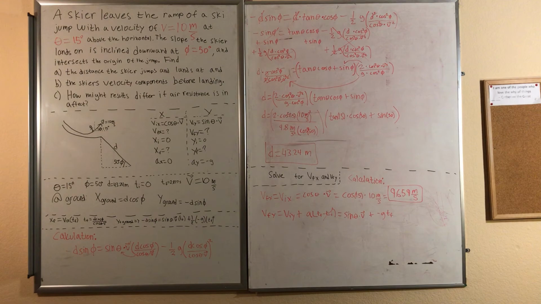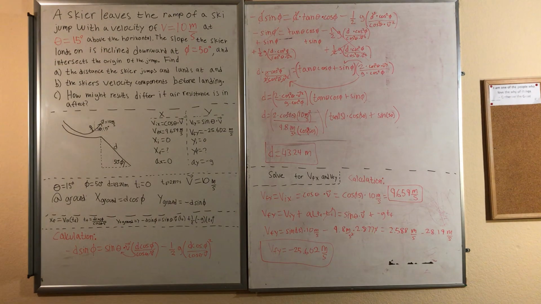And finally calculating, velocity final y equals sine of 15 times 10 meters per second minus 9.8 meters per second squared times 2.877 seconds. Simplifying to 2.588 meters per second minus 28.19 meters per second, getting a velocity final y equals negative 25.6 meters per second. Part B is solved. Let's write those values in now and discuss C.